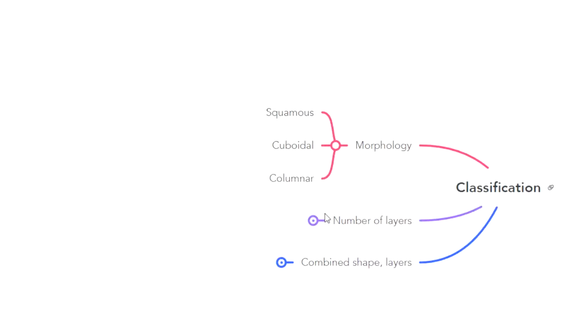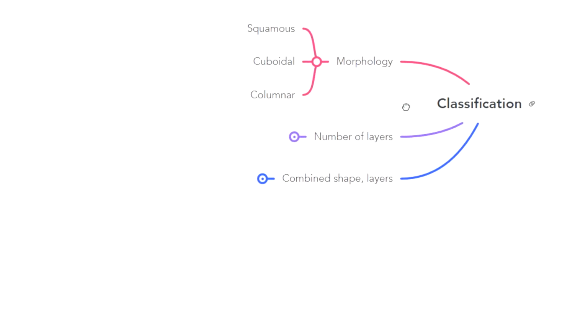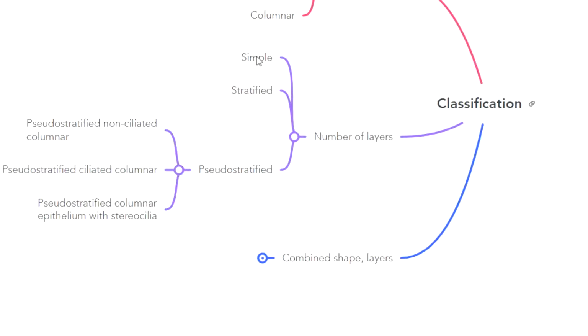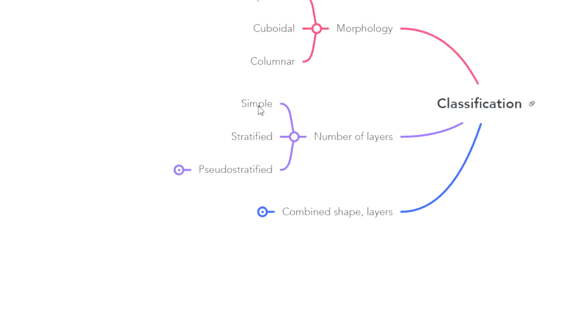Then the classification based on the number of layers is simple, stratified and pseudostratified. The simple epithelium is the one layered epithelium, which can be squamous, cuboidal or columnar. Stratified is more than one layer of epithelium. So if there is more than one layer, we call it stratified.